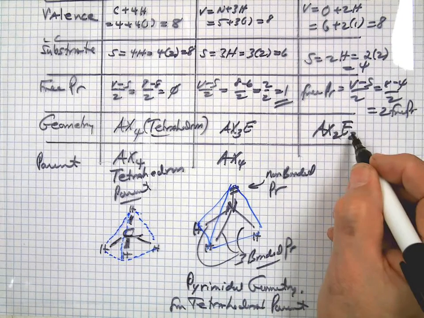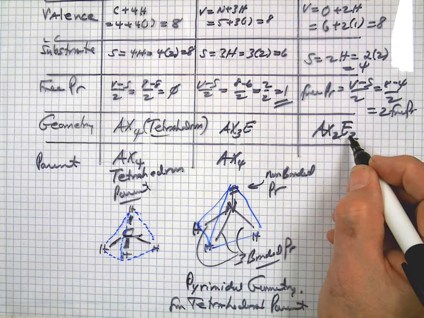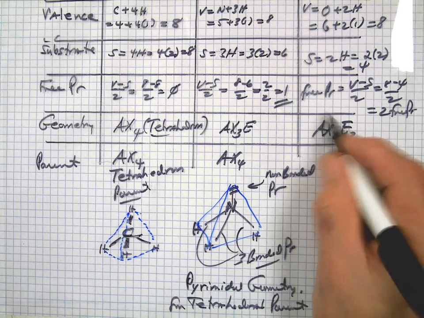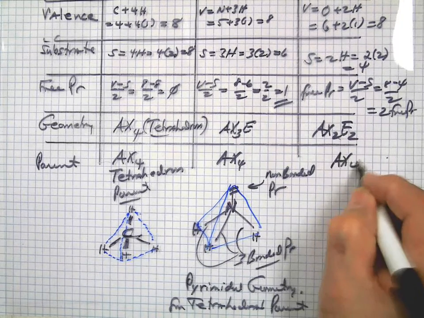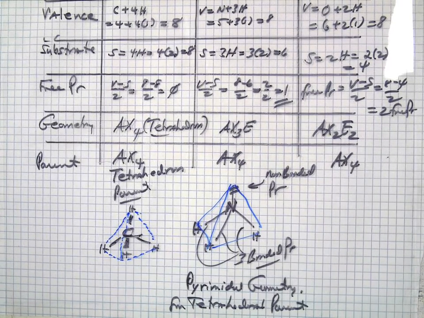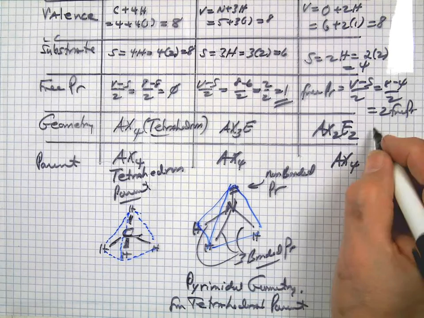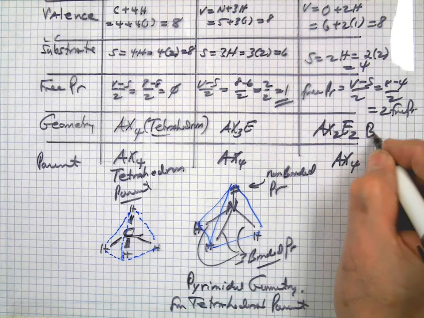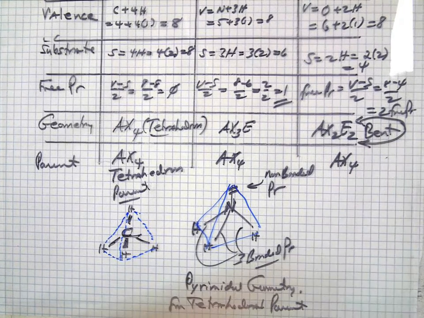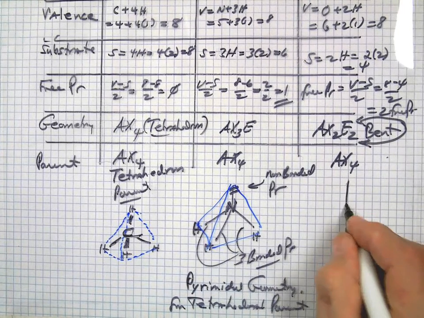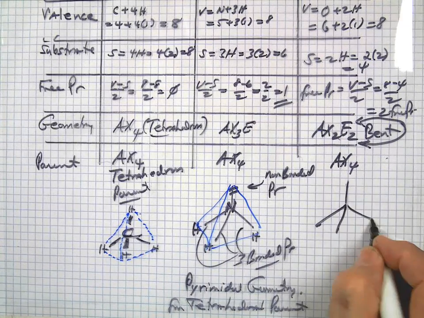You have 2 bonded pair, 2 non-bonded pair, still 4 pair around that central element, which gives you an AX4 parent. See, all 3 are AX4 parents, but this is a bent geometry here, right there. And so we start with a tetrahedron like that.